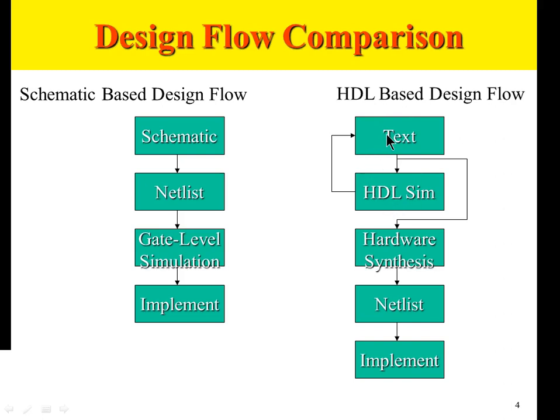Once the functionality of the design is correct, we take that design, synthesize it, follow the backend part of it, and then finally implement it on the FPGA system. This flow is for HDL based design, and this is for schematics. This overall will give you much more speedup in your design compared to the other flows.